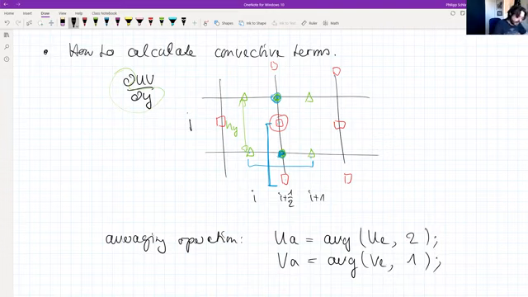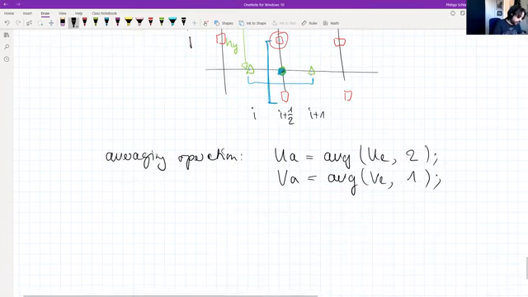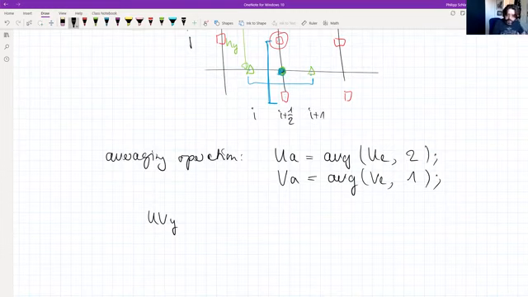So with this newly defined UA and VA, the averaged mesh, so the mesh that is defined on the cell corners, I can then very easily just evaluate my terms. So for instance, I can write UVY as a variable in MATLAB.